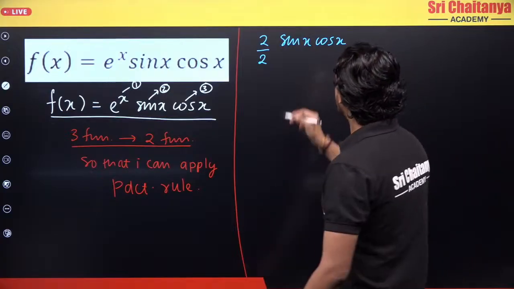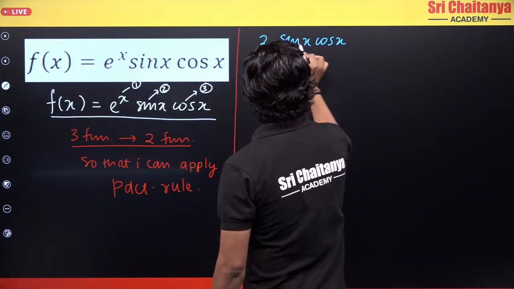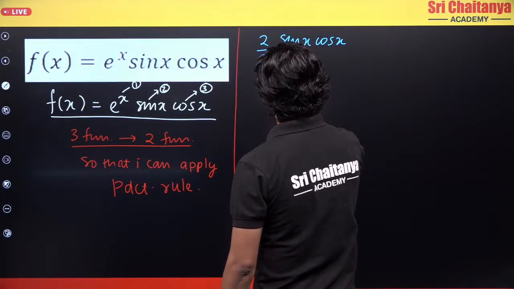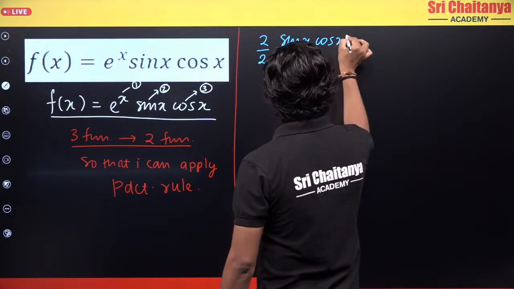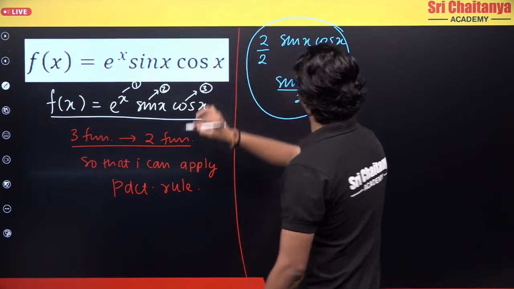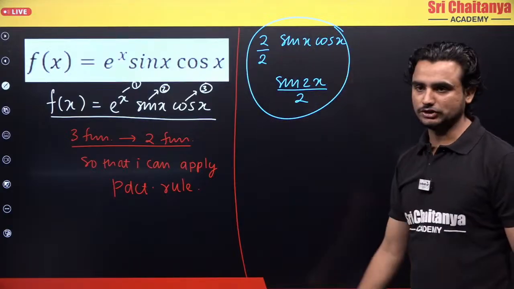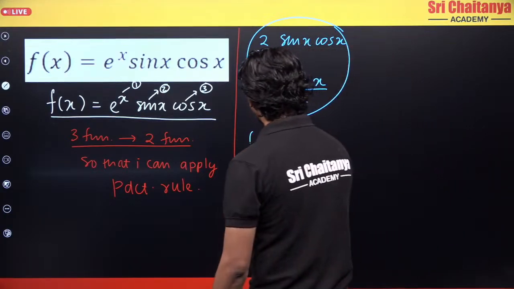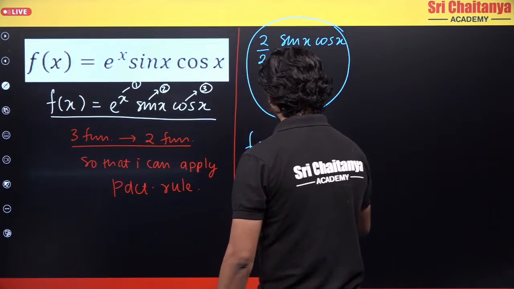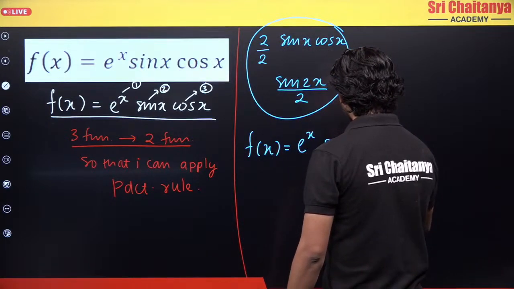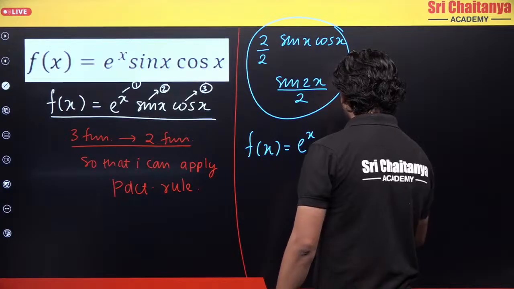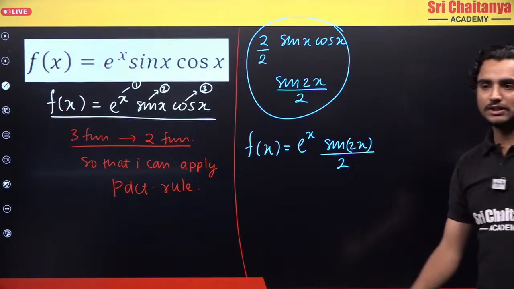Now, what is 2 sin x cos x? 2 sin x cos x is sin 2x. So I can write sin x cos x as sin 2x by 2. So finally my f(x) will become e^x into sin 2x by 2. So this is my function f(x).